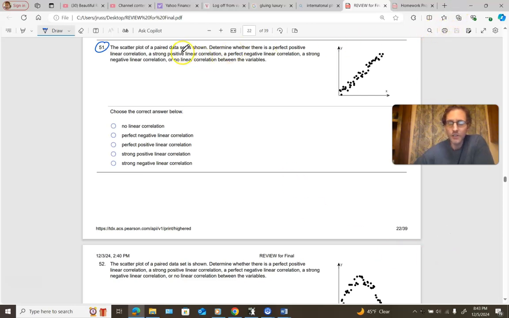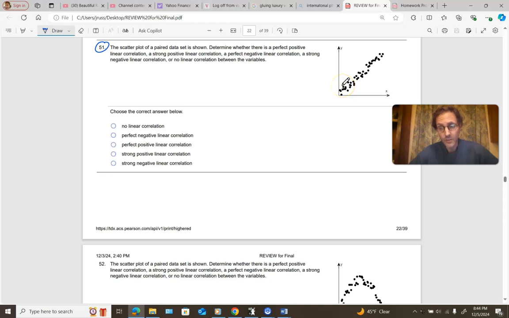And this would take us into chapter 9, okay, when we were talking about correlation and linear regression. So it says the scatter plot of a paired data set is shown here. Determine whether there is a perfect positive linear correlation, a strong positive linear correlation, a perfect negative linear correlation, etc. Well, this is not perfect because it doesn't form a straight line.